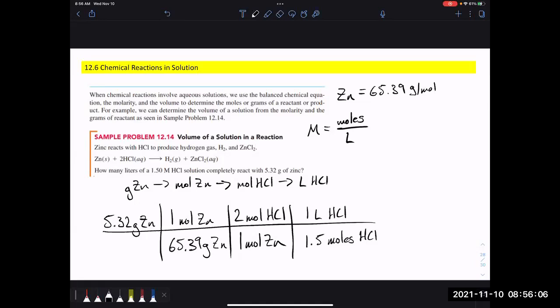I actually remember very distinctly having to write out the units for molarity over and over and over again to finally remember what it is. And then this number that you're given for molarity is always going to be the number of moles per liter.